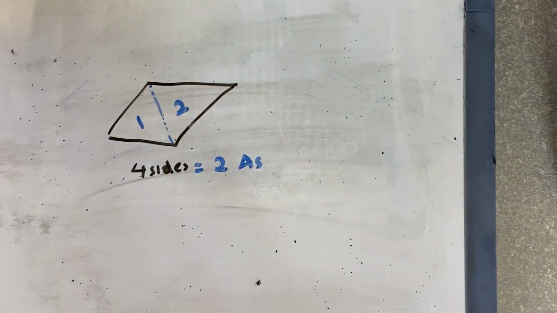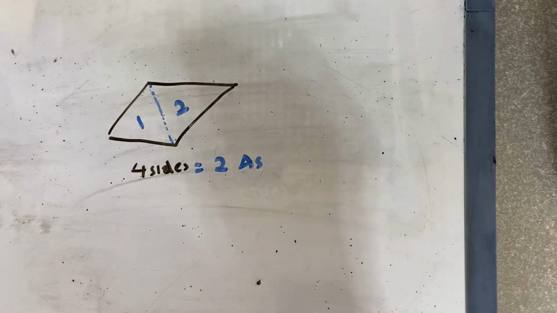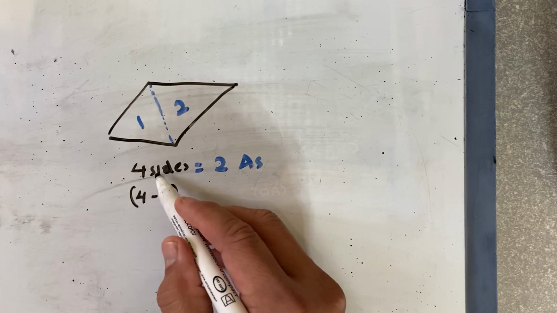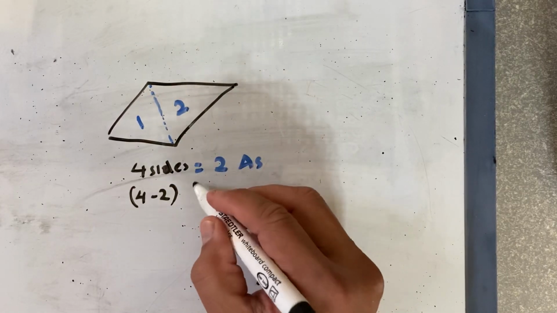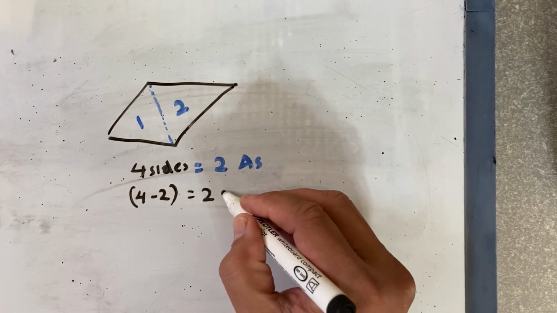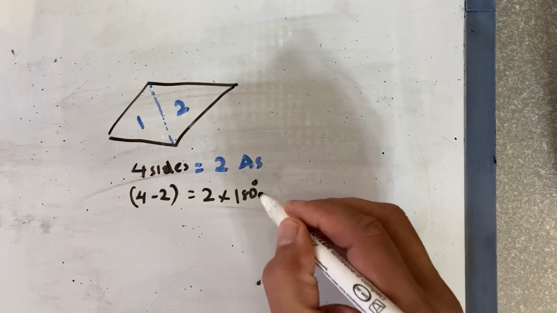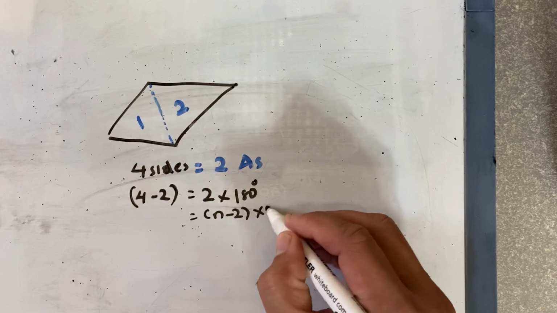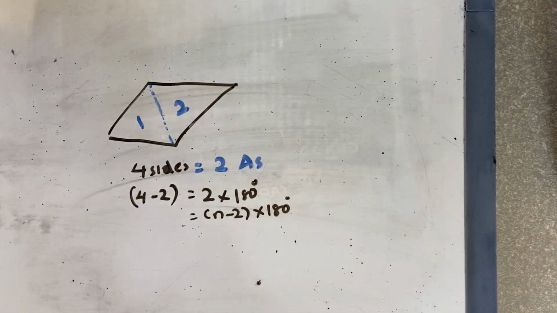And if you know that one triangle adds up to 180, two triangles will add up to 360. So the formula will apply. It becomes 4 minus 2, because 4 sides minus 2, and that gives you 2 times 180 degrees, because the formula is n minus 2 times 180. In other words, if there are 5 sides, you can make 3 triangles.